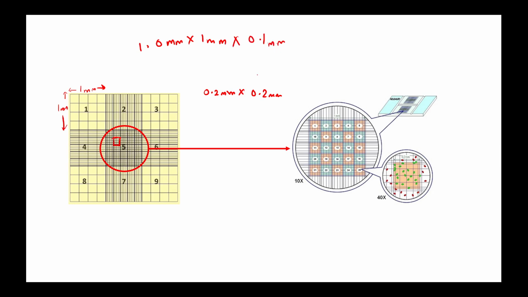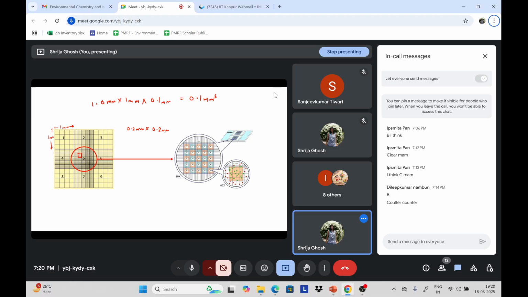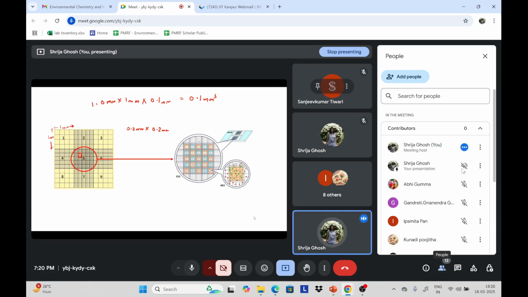When we put the cover slip on top of this, the height difference between the glass slide and the cover slip is 0.1 mm. So the volume comes around 0.1 mm cube.